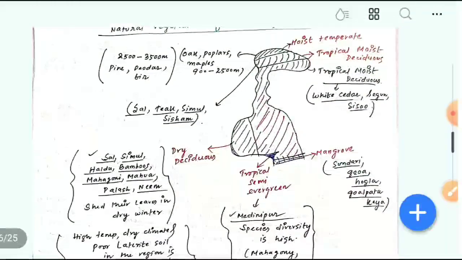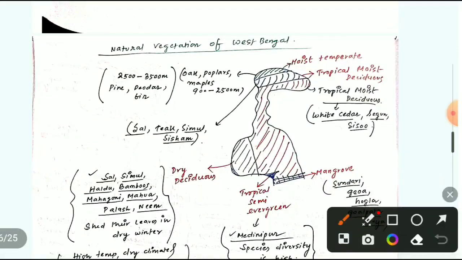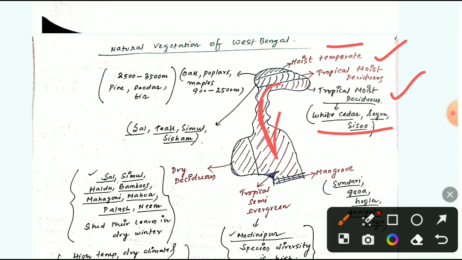Next is the natural vegetation of West Bengal. In the Darjeeling and Kalimpong districts, moist temperate vegetation is found. Below that is tropical moist deciduous, and the maximum part is tropical moist deciduous. White cedar, sagun, and seshu are predominant in this region.